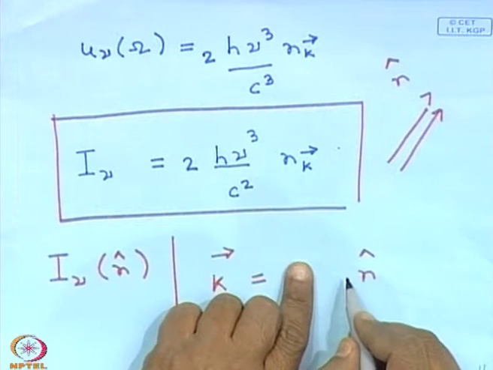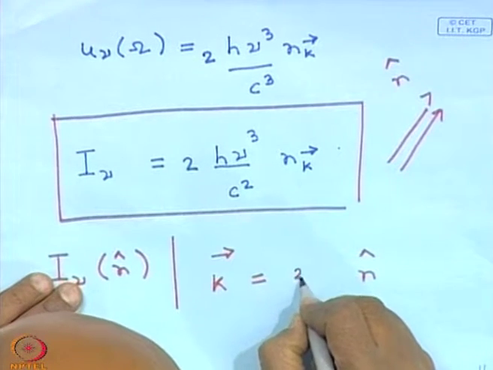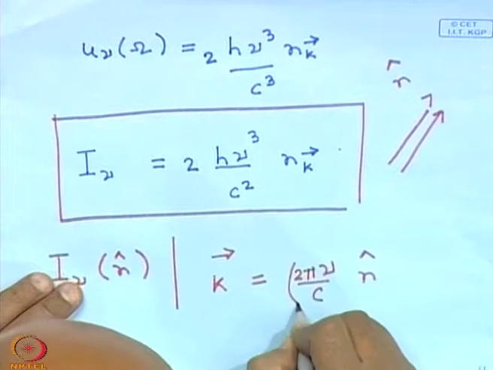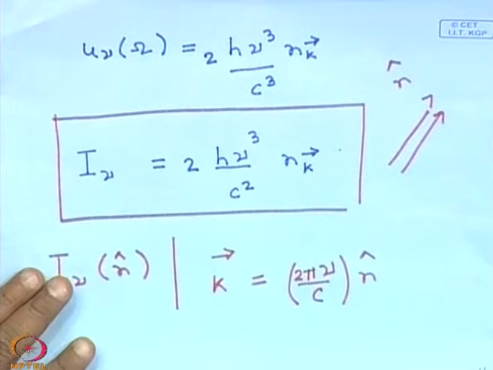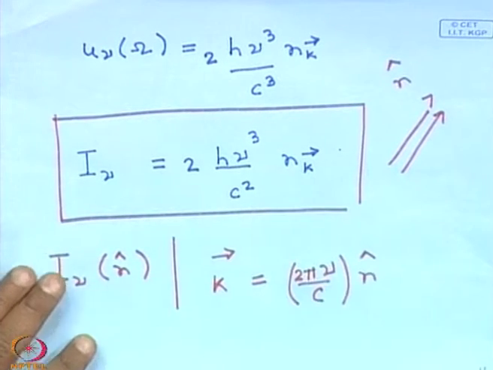The modulus of k is omega by c, and omega is 2 pi nu, so we can write this as 2 pi nu by c. That is the modulus of k, the magnitude, into the direction of the vector.